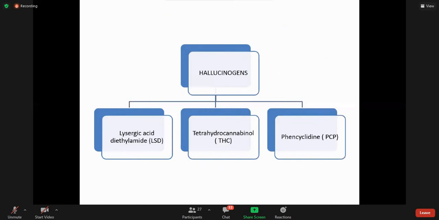Okay, so now we discuss the hallucinogens. We have lysergic acid diethylamide, LSD, and tetrahydrocannabinol, which is a derivative of marijuana. This is the active compound present in marijuana, which is a grass form. Then phencyclidine.